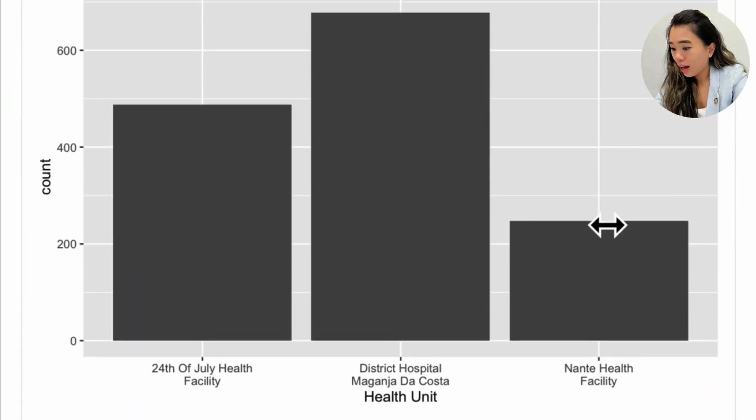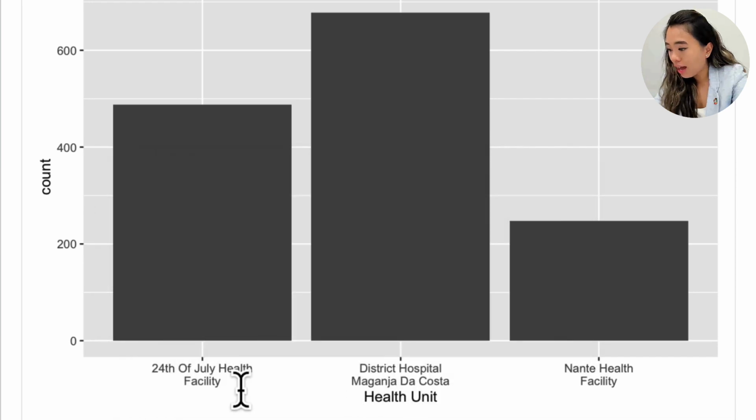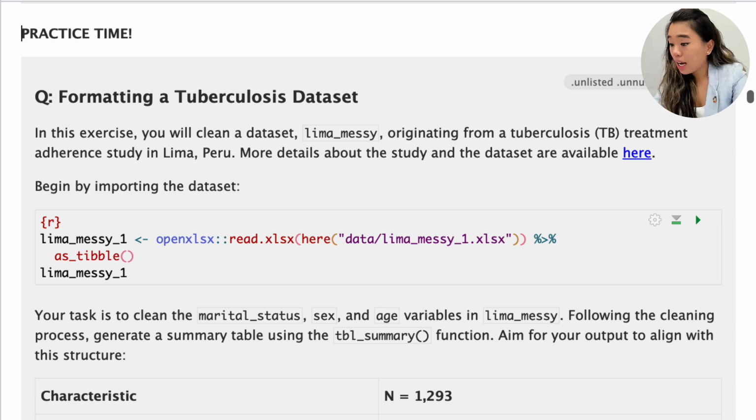So there you have it. We have a much cleaner and readable bar graph with an appropriate x-axis title and labels that do not run into each other. Now it's time to try your hand at similar cleaning operations in the practice questions below. So take your time, pause your screen, and answer.